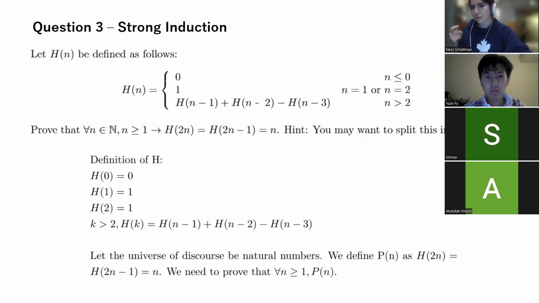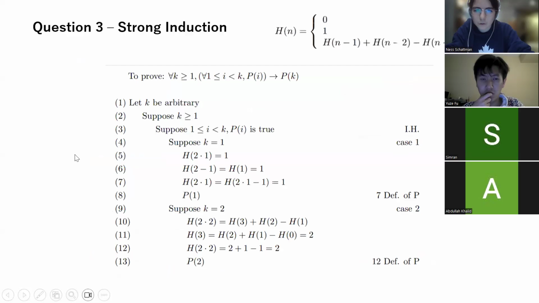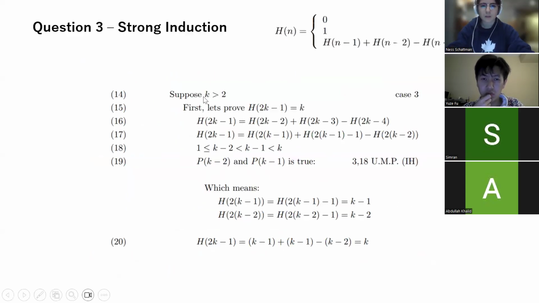If we tried to apply our induction step to this, if we tried to prove that it was true for p of 1 using our usual induction logic, if you look at our induction step right here, let's say we're not supposing k is greater than 2.